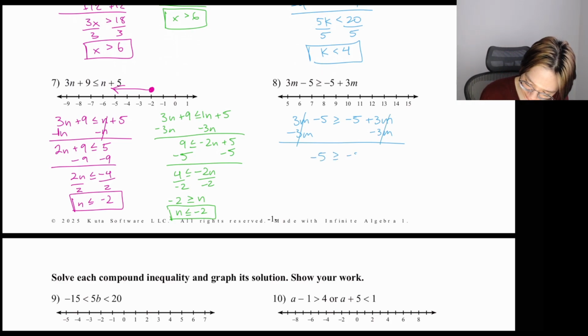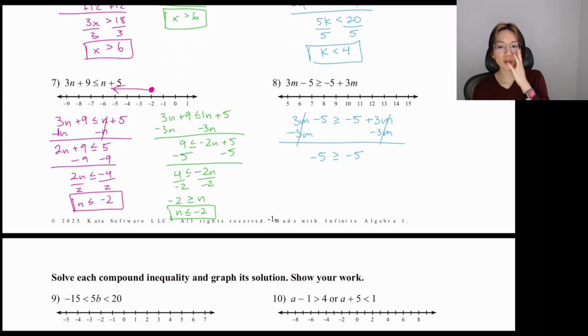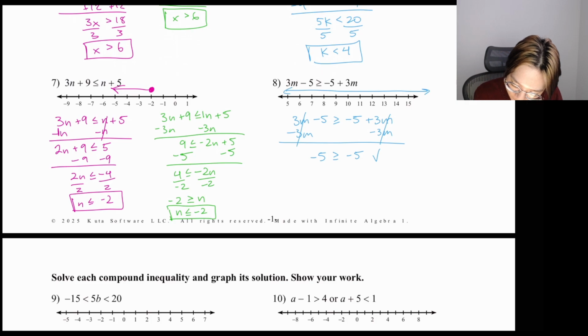Negative 5 is greater than or equal to negative 5. If you remember, when you don't have variables, is what is left over true? In this case, it is. Negative 5 is greater than or equal to negative 5. So this one is true, which means the solution, here's the graph, is all real numbers.